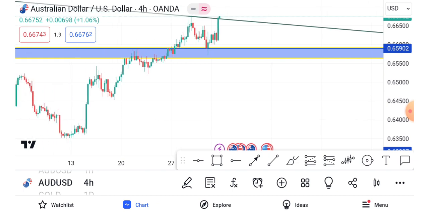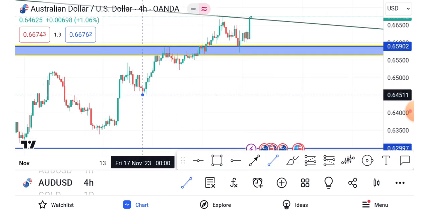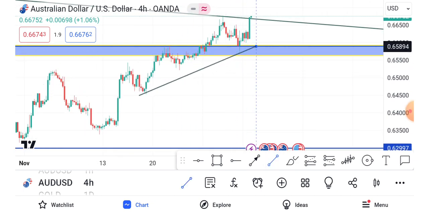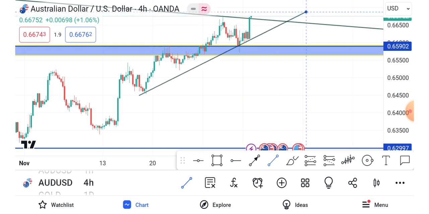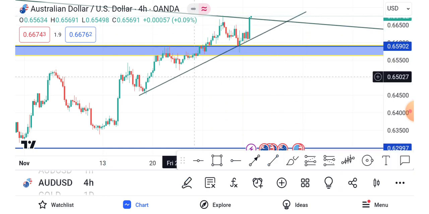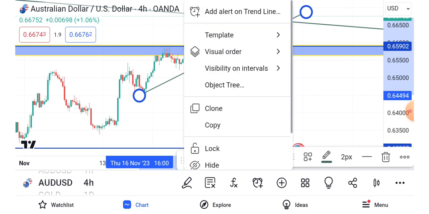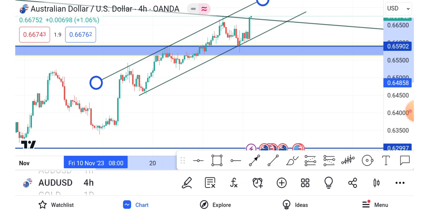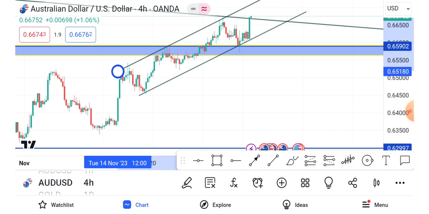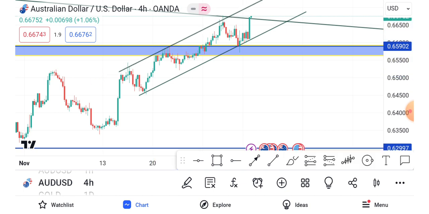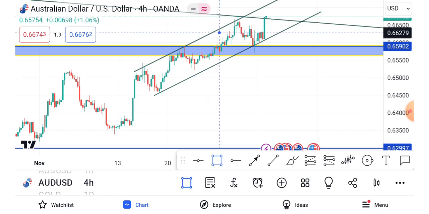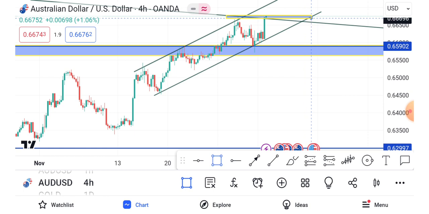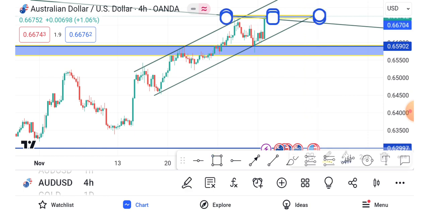Now let's go down to this area. We can clearly see that here the market is in an uptrending market. Let's copy this to the other side. Now the market failed to break this structure because the market created some kind of an equal high.